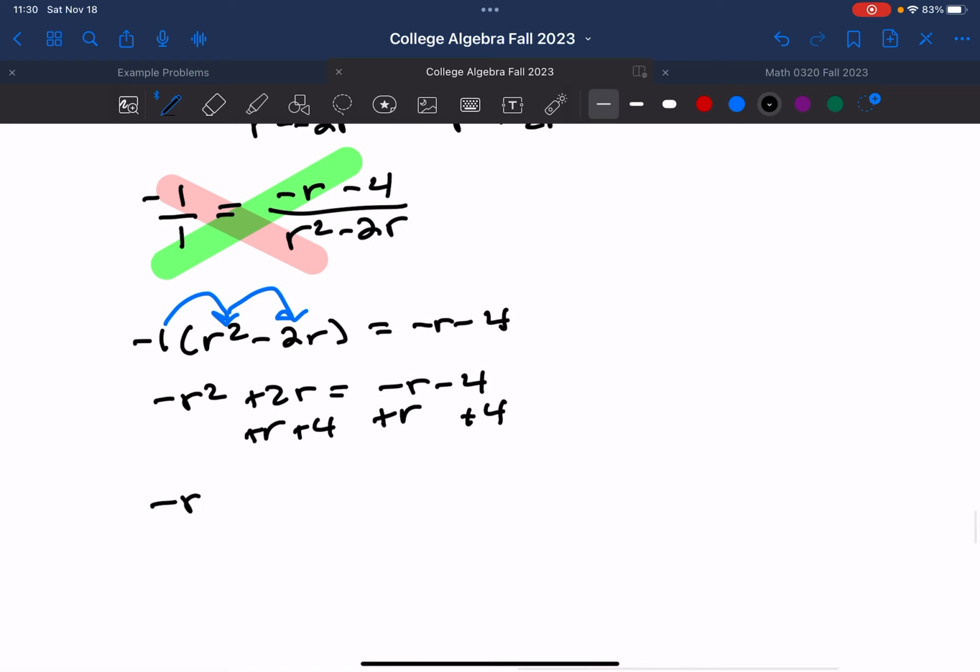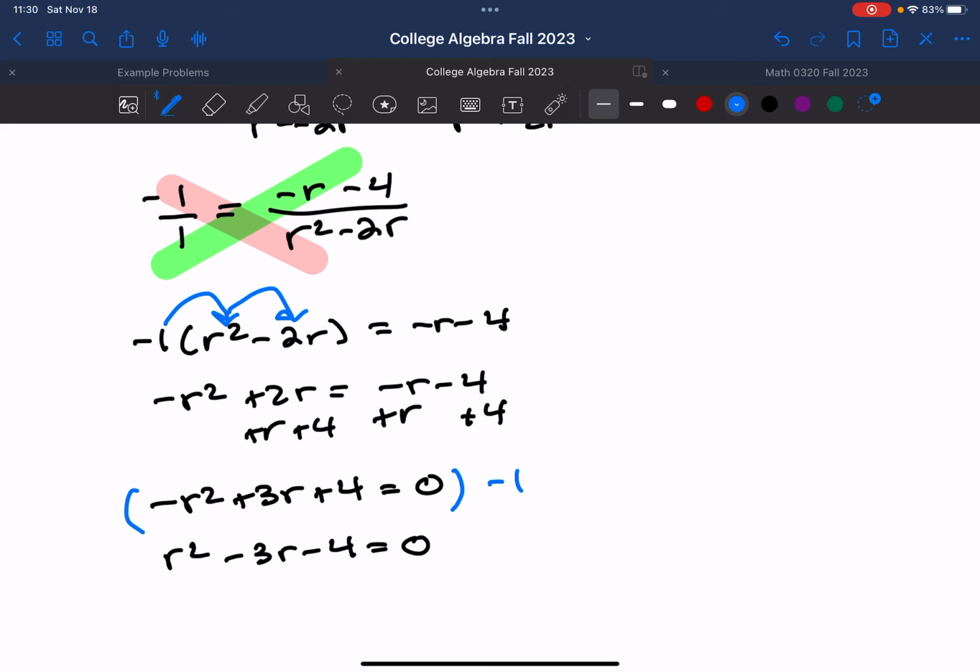So I have negative r squared plus 3r plus 4 equals 0. I don't like having that negative in the front as my a value, so I'm just going to switch the signs. So r squared minus 3r minus 4 equals 0. Remember, that's the same as multiplying this whole thing by negative 1.